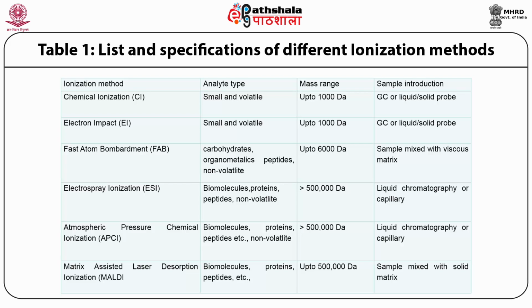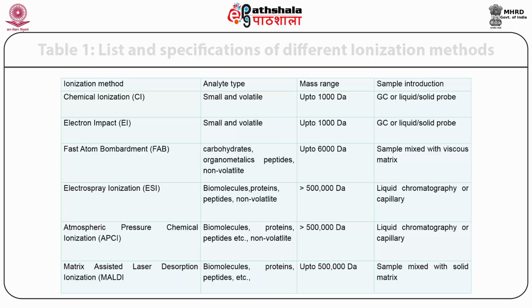Ionization is done by bombarding the sample with a beam of atoms, typically xenon, accelerated at a voltage of 8 to 10 kilovolts. The ions formed by fast atom bombardment are adducts to the molecule, where adducts could be proton, sodium, potassium, or ammonium. The other techniques like ESI and MALDI are discussed in further slides.